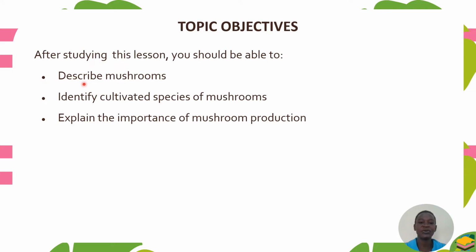On the description, we're going to look in terms of parts of mushroom and the life cycle of mushroom. You should also be able to identify cultivated species of mushroom. And later on, we're also going to look at the importance of mushroom production. Why are we into mushroom production? So be with me as we go through this lesson.